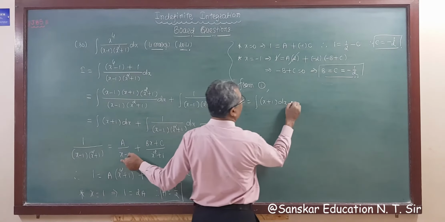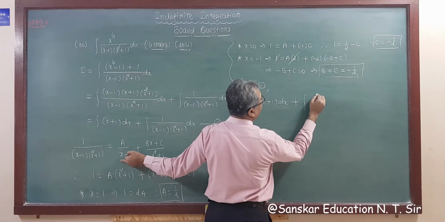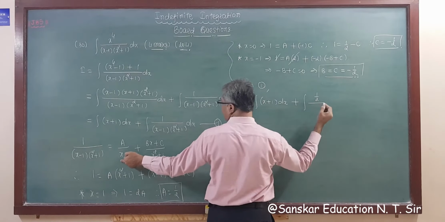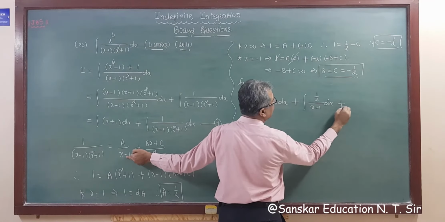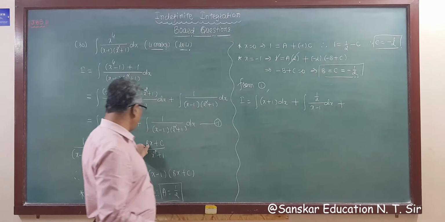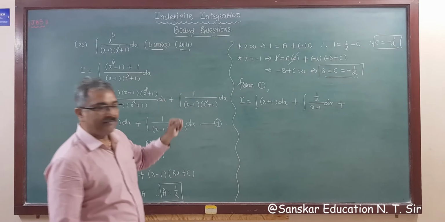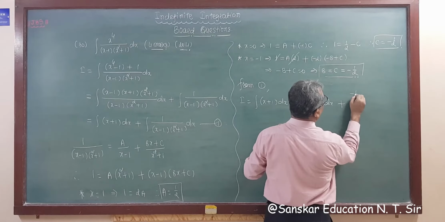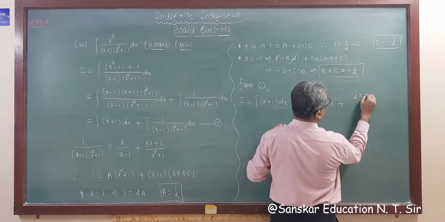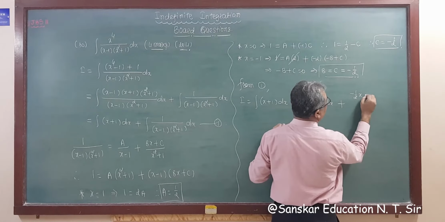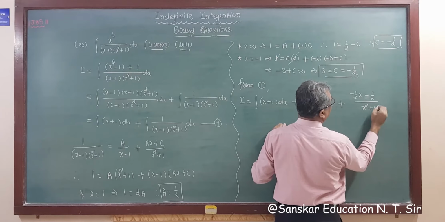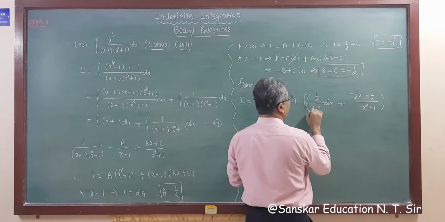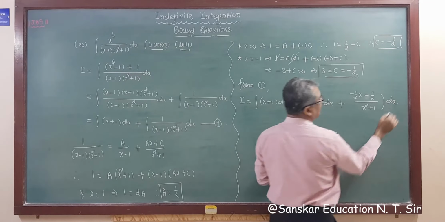So plus integration of half upon x minus 1 dx plus bx plus c, where b and c are both the same. So minus half x plus, sorry, c is also minus half, whole upon x square plus 1, bracket over dx.